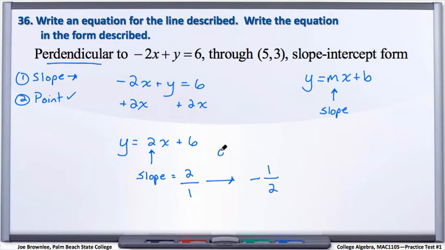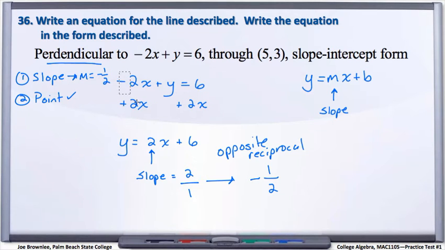We're looking for the opposite reciprocal. And opposite simply refers to the sign. So in this case, if the given line has a positive slope, the opposite says we need a negative slope. And reciprocal, we know, just means flip. So if we have 2 over 1, flipping it gives us 1 over 2. And so the slope we're going to use is going to be negative 1/2.